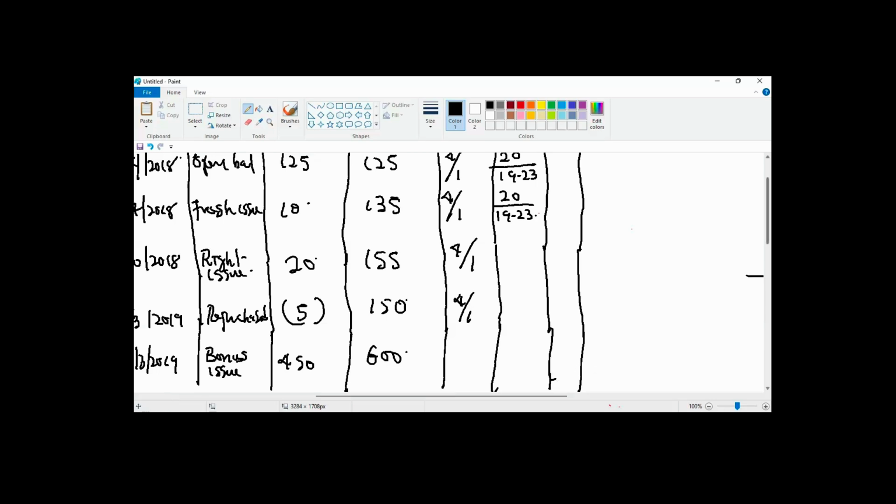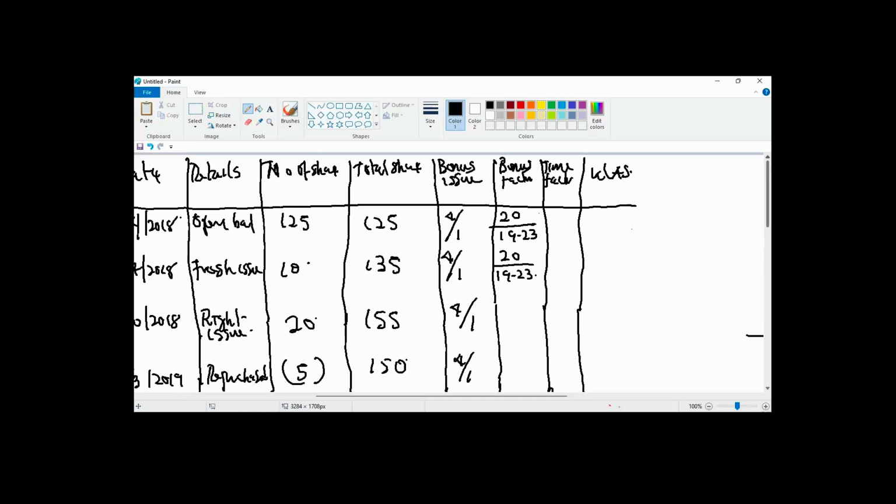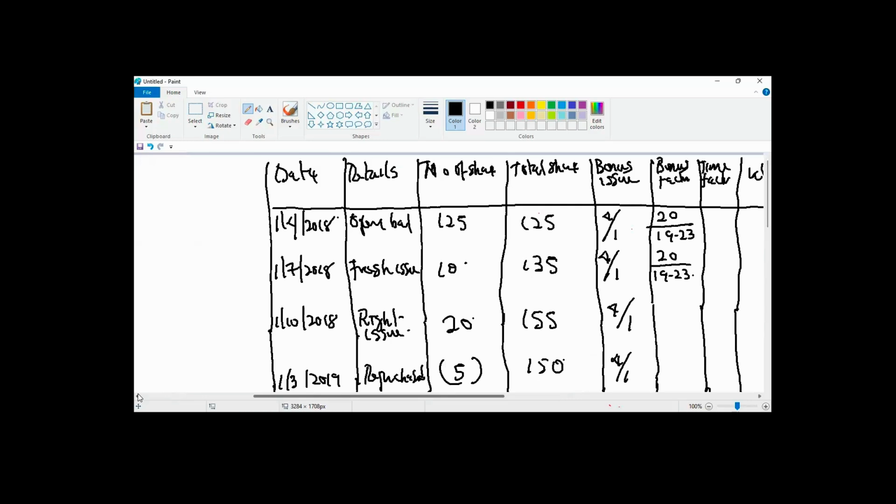I will now go to the time factor. From 1st of April 2018 to 1st of July 2018 is three months, so 3 over 12.